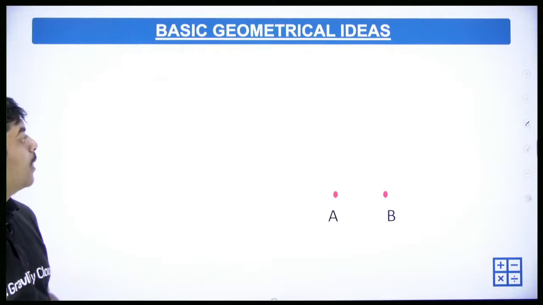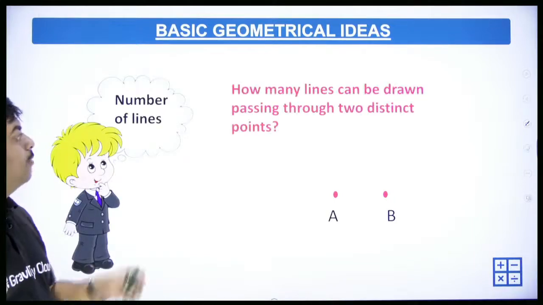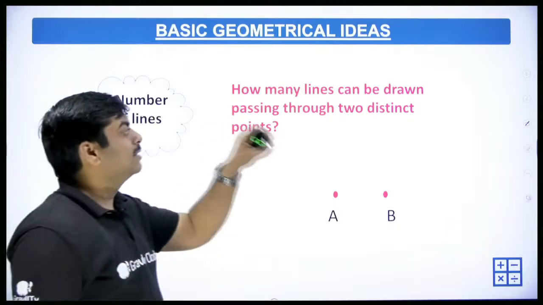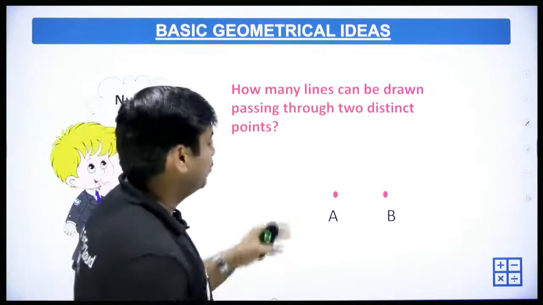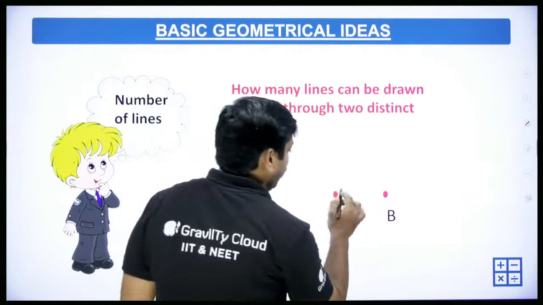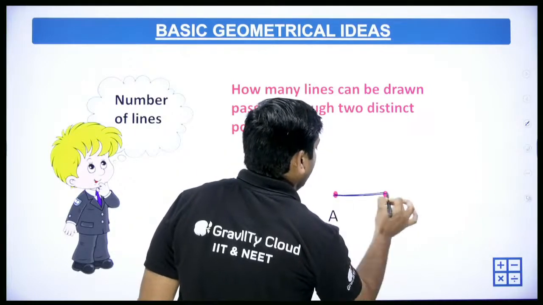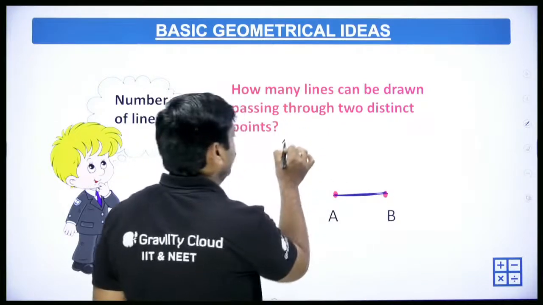So let's move forward. The next one is, how many lines can be drawn passing through 2 distinct points? Between these 2 points, only one line segment is possible to draw.